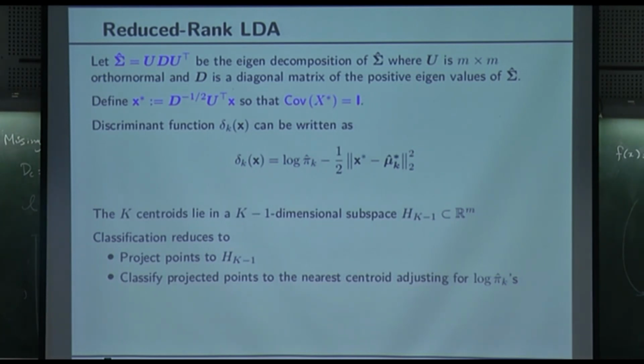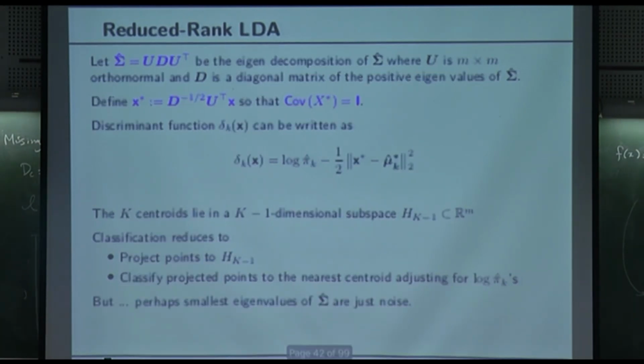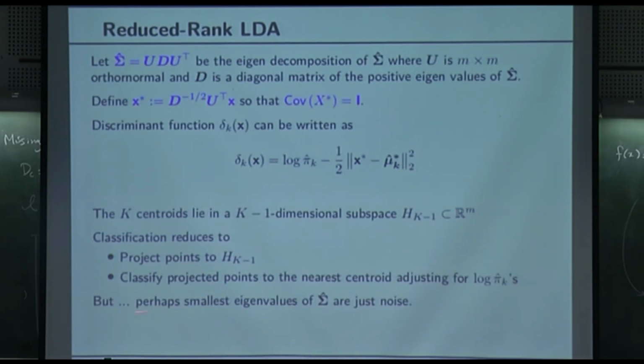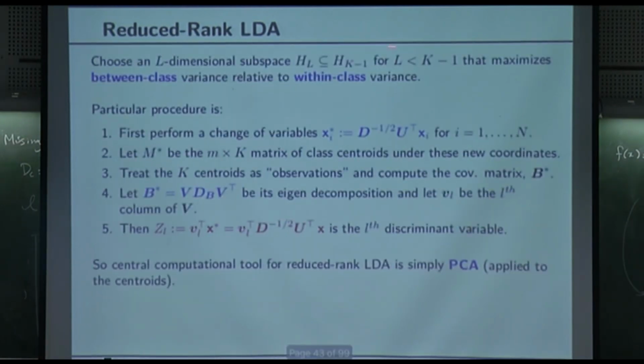Perhaps the smallest values of sigma hat are just noise, and I want to get rid of them. So you choose a lower dimensional space that maximizes the between class variance relative to the within class variance. This is the technology that is used. You first change variables: let M star be the m by k matrix of class centroids under these new coordinates.